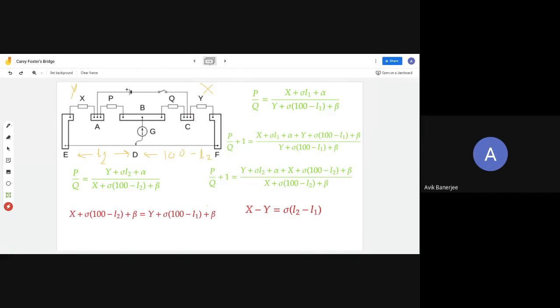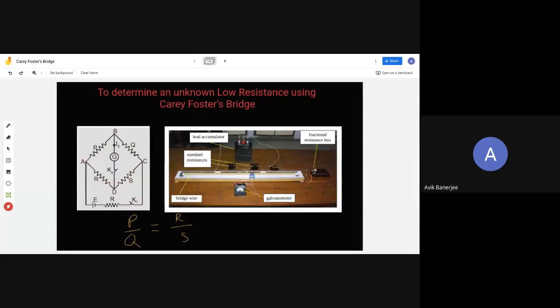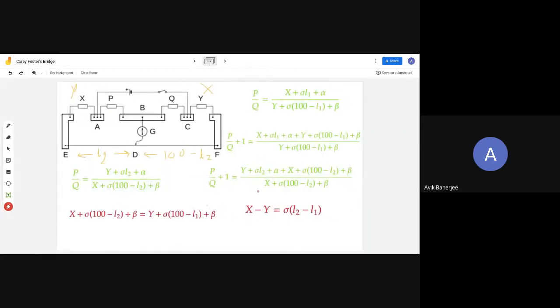Then we know X, because we are applying X using this fractional resistance box. We have made Y 0, we are applying X, and we are measuring L2 and L1. If we do that, we know sigma.